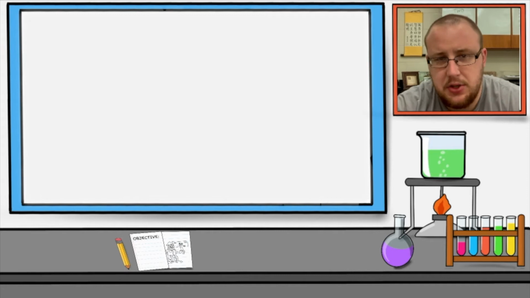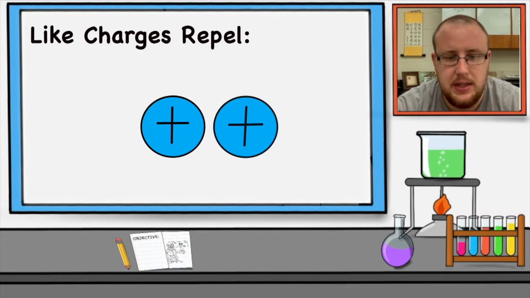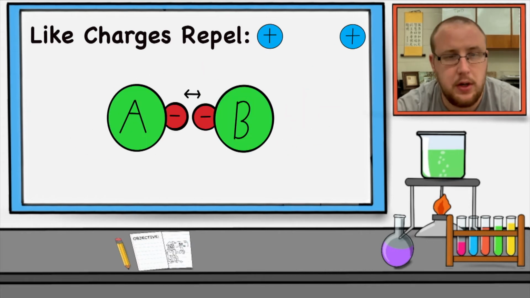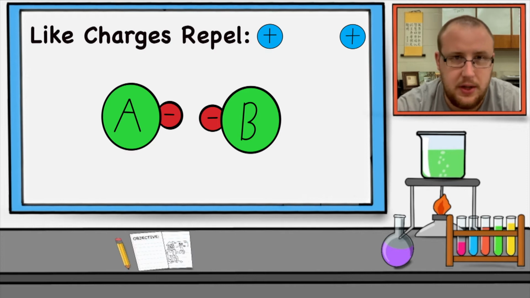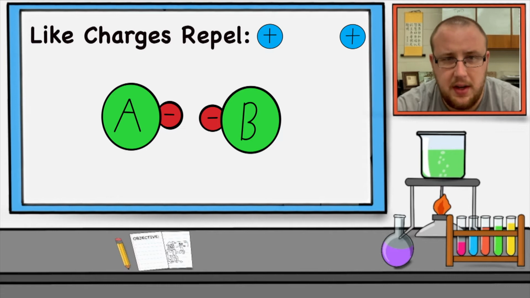So if opposite charges attract each other, then the opposite of that, the fact that we have 2 like charges, is going to repel each other. So if I have 2 positive charged atoms, they're going to repel each other. So if object A has a positive charge and object B has a positive charge, those positive charges are going to repel each other. Just like with our opposite charges, the quantity also makes a difference in how strong the repulsion is.